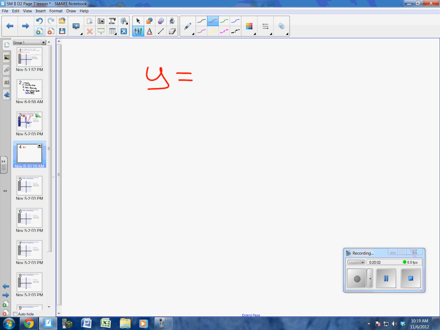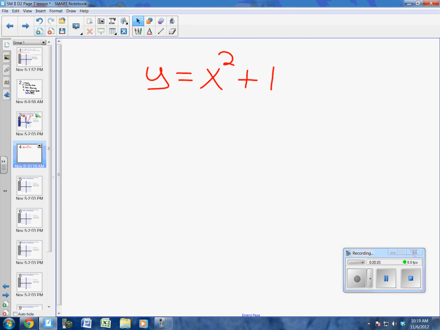Hey, this is what I want you guys to do now. I want you to show me with your blocks, your cubes, how you would show me x squared plus 1.